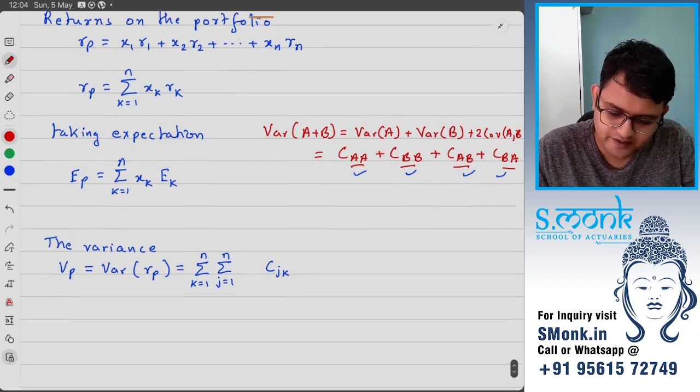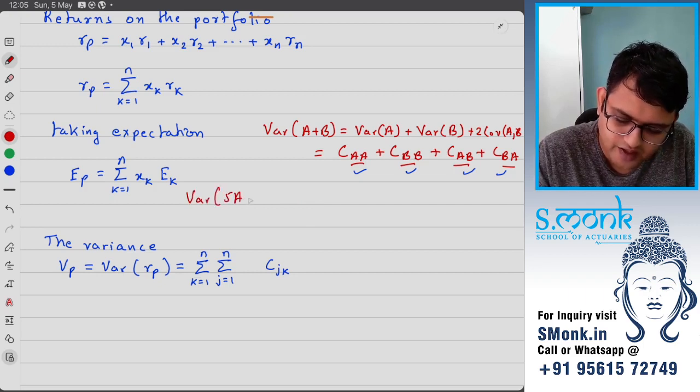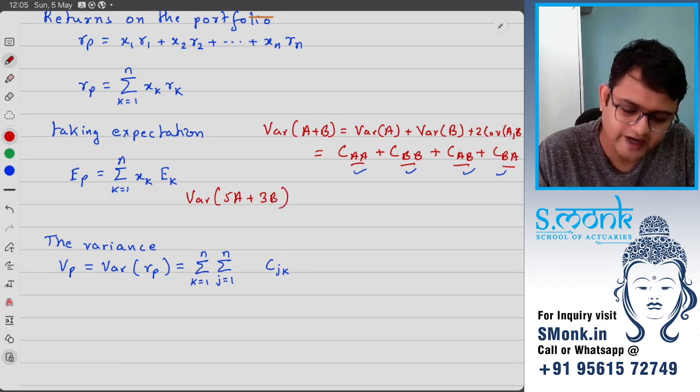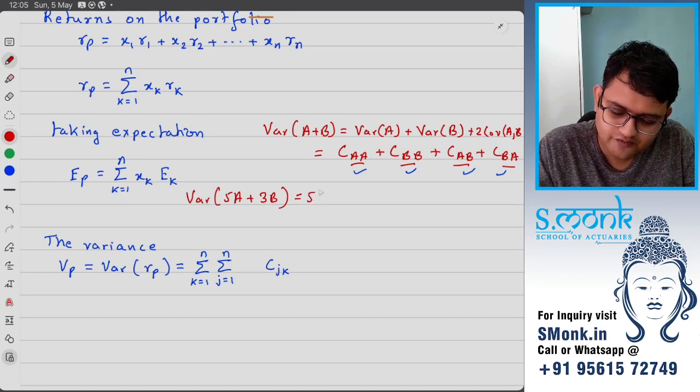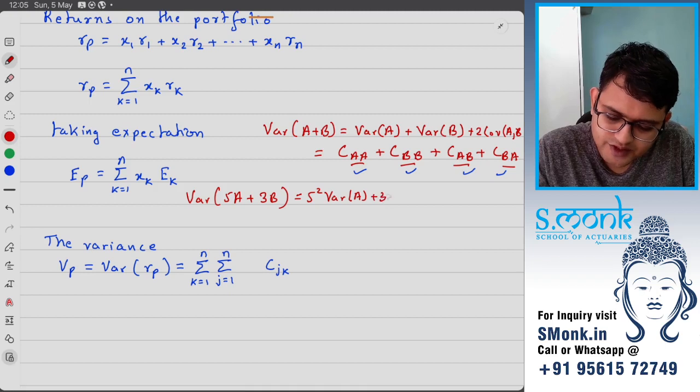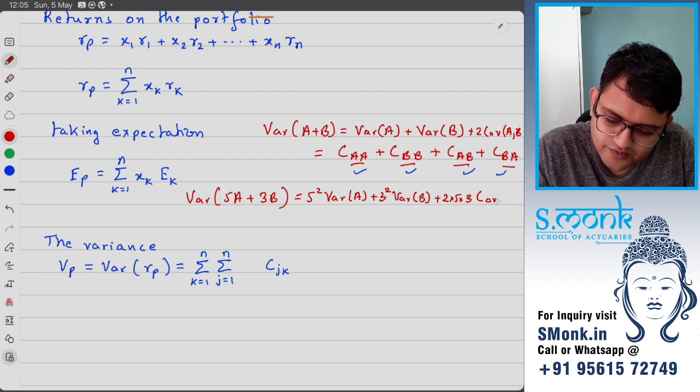So if I had, let's say, variance of 5a plus 3b, if I had some constants multiplied, what would have happened? You would have said 5 square variance of a plus 3 square variance of b plus 2 times 5 times 3 covariance of AB.